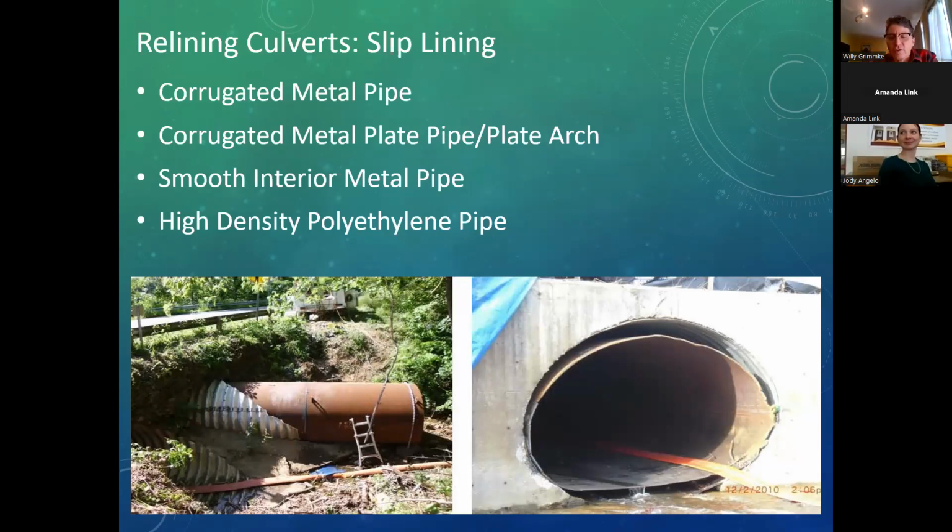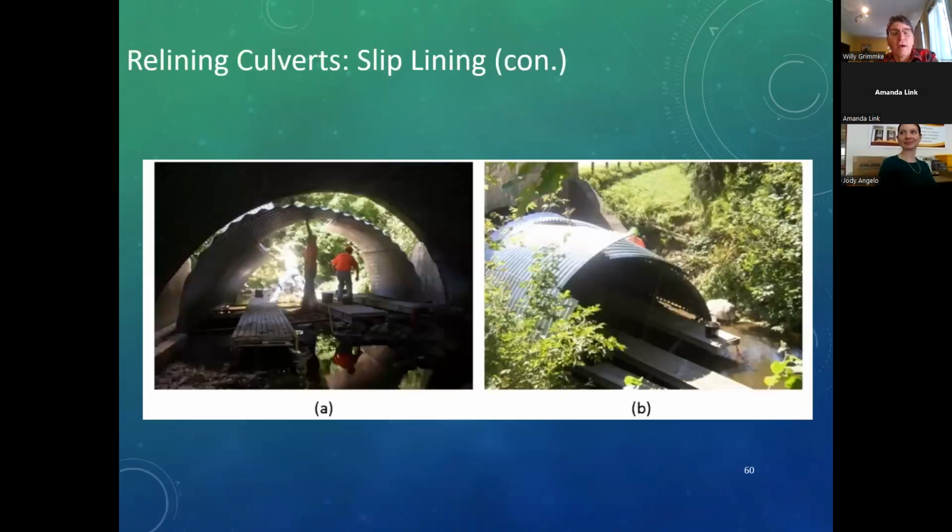And here's some photos of smooth interior, solid steel pipe going into a corrugated. And here's a relining job that we did when I was at Washington County. This was a bottomless corrugated arch, and we relined it with a new, slightly smaller corrugated arch.